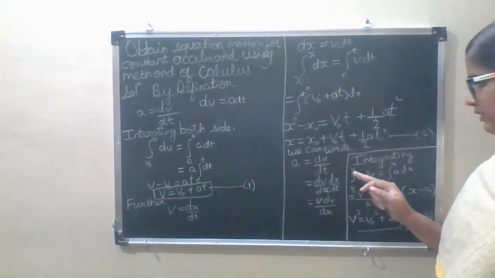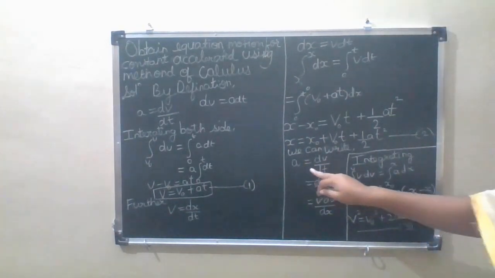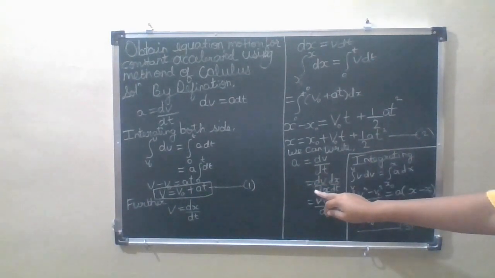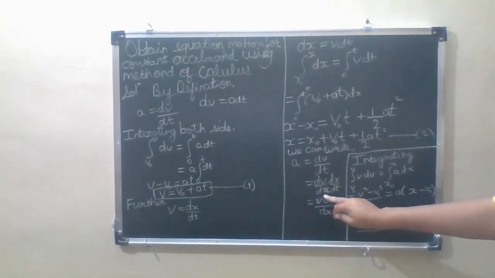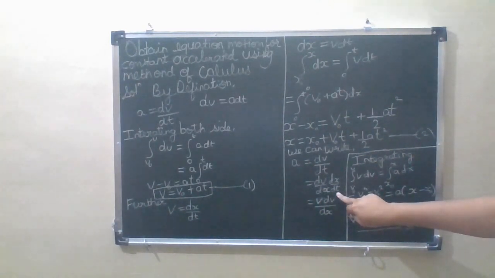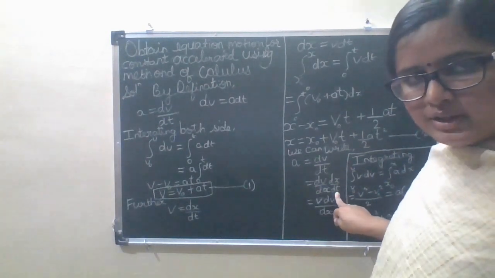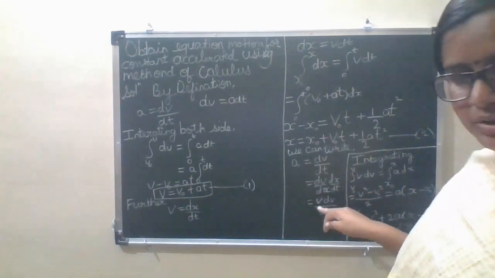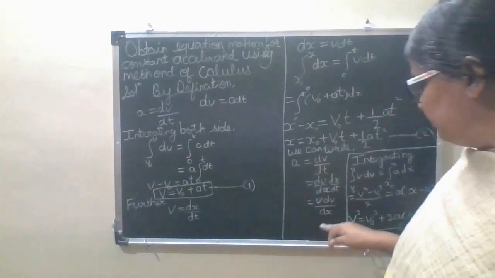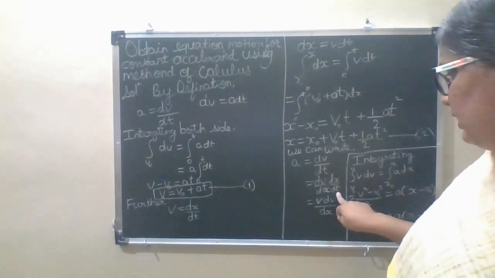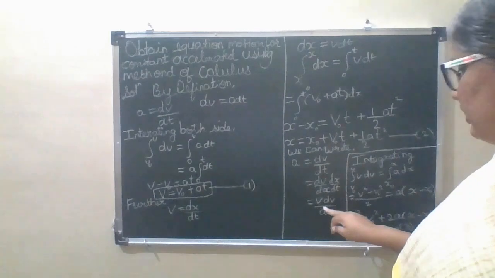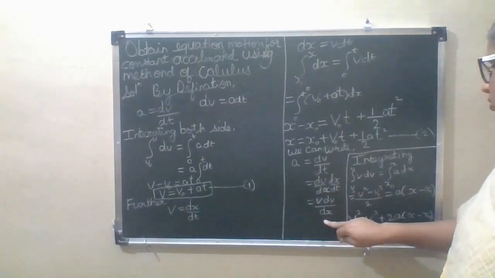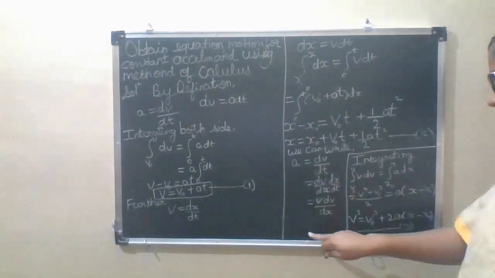Then a is equal to dv by dt, and we can write this as dv by dx into dx by dt. Here dv by dx is the derivative of velocity with respect to x, multiplied by dx by dt. Then v dv by dx is equal to a, the value of acceleration.